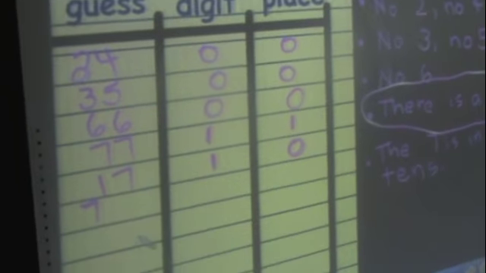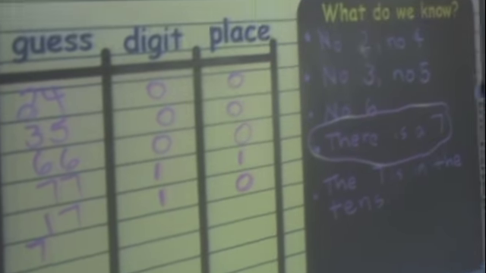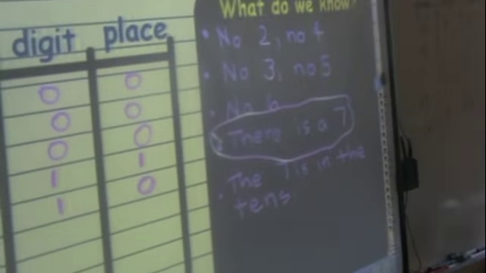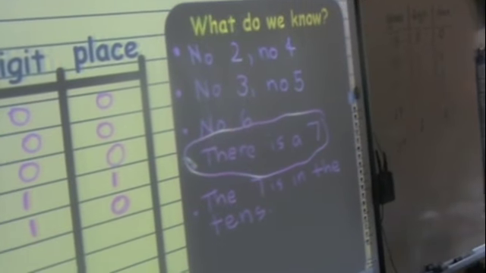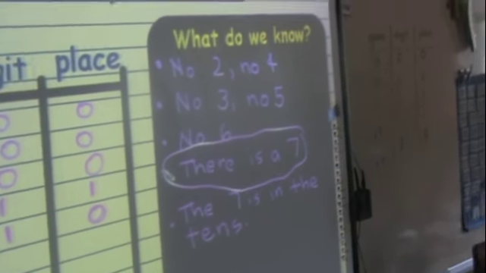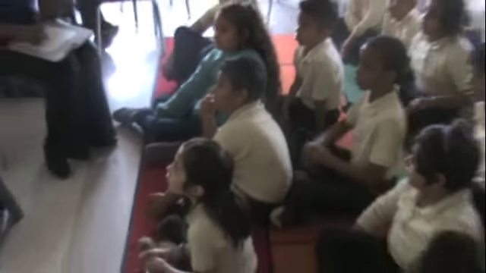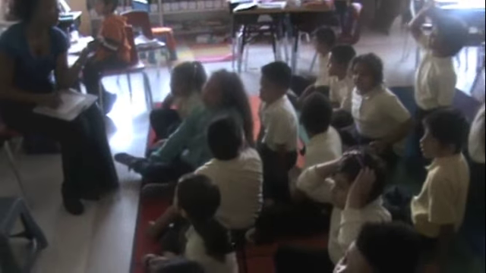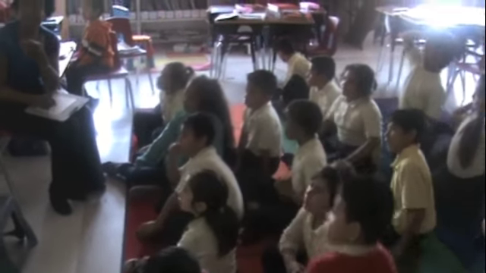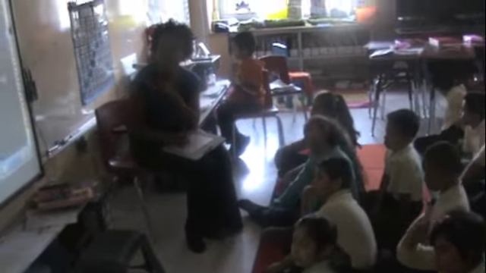What else is not in the 1's? 2, 4, 3, 5, and 6. Or 1. How do you know that? Because there's no 4, no 3, no 5, no 6. Right, so we have that already. So we know that none of those digits are there.